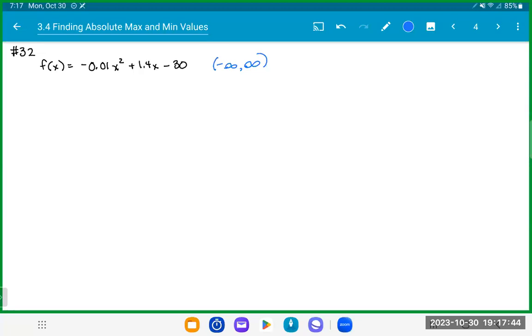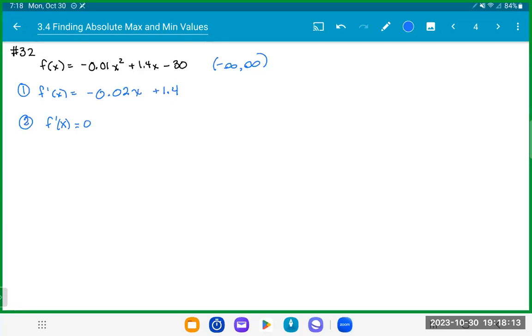Okay, so we proceed as in the previous, right? So the first thing we want to do is take our derivative. So f prime of x is going to equal negative 0.02x plus 1.4. Okay. Again, this is linear. So f prime of x exists for all real numbers.